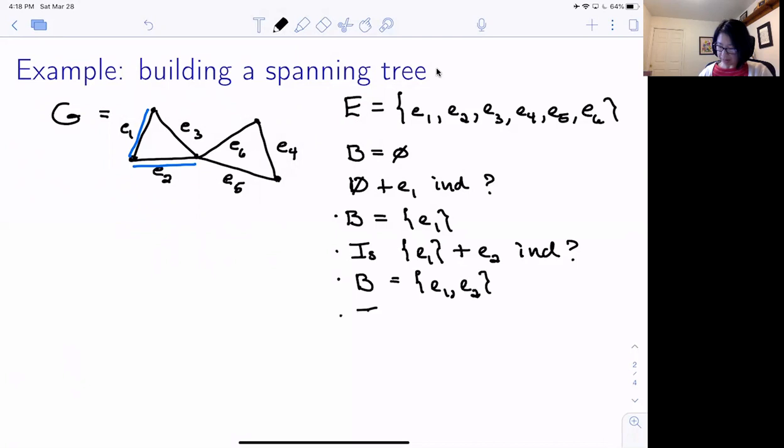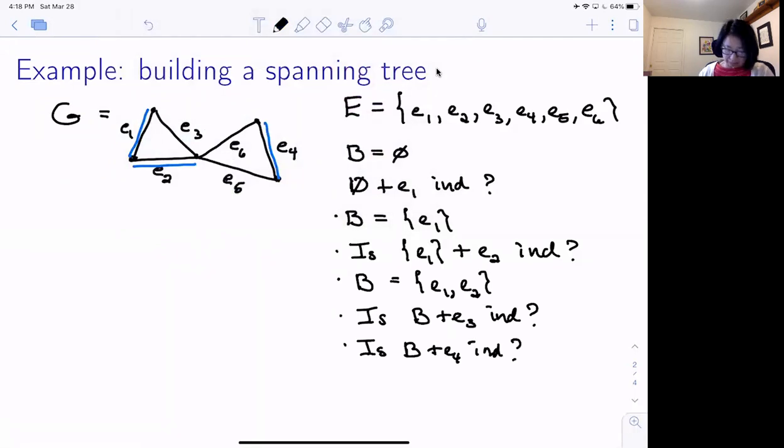Now we ask for the third edge, is B plus E3 independent? And the answer is no. So we just don't do anything. We go to the next one and we ask, is B plus E4 independent? And in fact, it is, because it doesn't create a cycle. And so we know, what's the rank of the matroid?